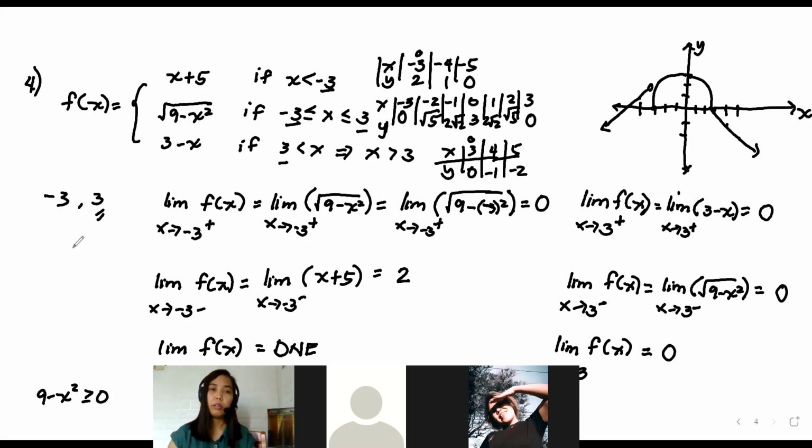Any question? Obviously, the limit here does not exist because the graph is separated. Are we clear on number 4, class?